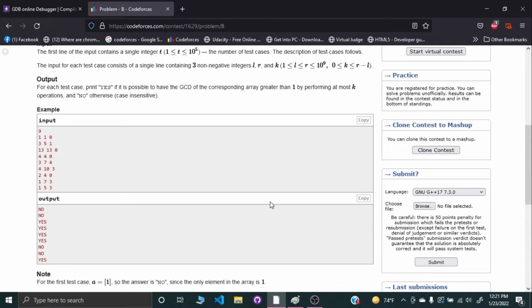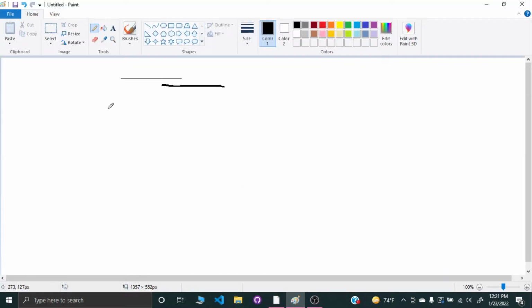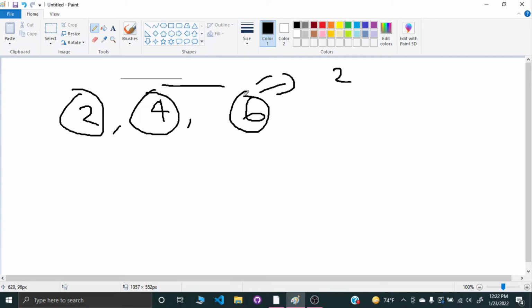Now, the easiest way to think about this problem is, as I've already told you, that consecutive numbers with difference 1 will always have a GCD of 1. Also, if the numbers are only even, it doesn't matter how many even numbers there are, their GCD will always be at least 2, because every even number is divisible by 2.